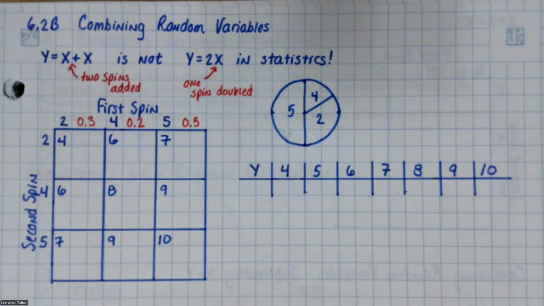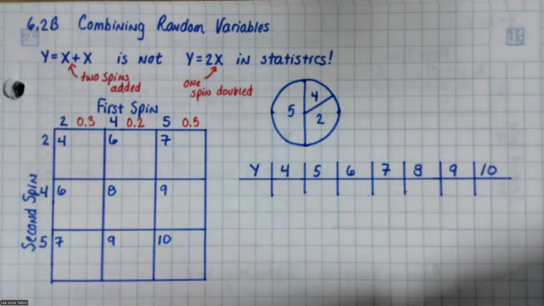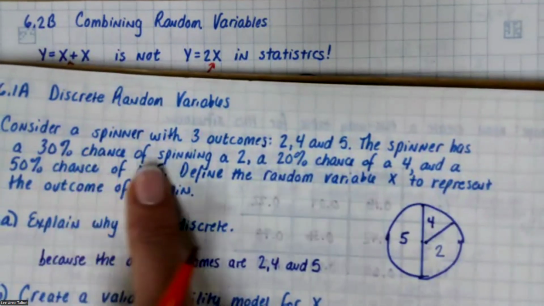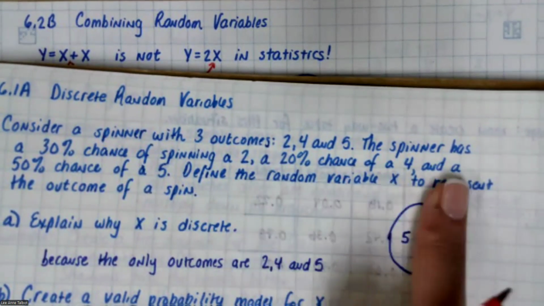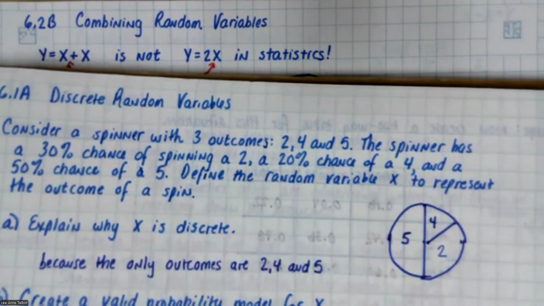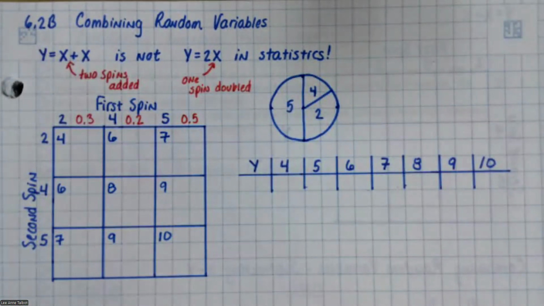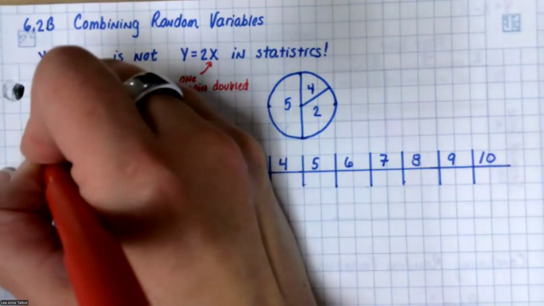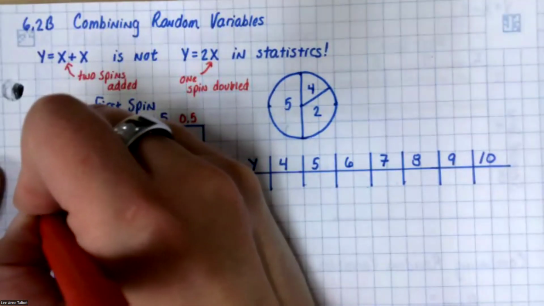Does that ring a bell to you from the other day, like last week? If you want me to, I can go back here. It said 30% chance of spinning a 2, 20% chance of a 4, 50% chance of a 5. That's where I got those from. Okay. All right. So we're going to put those same probabilities down the side.